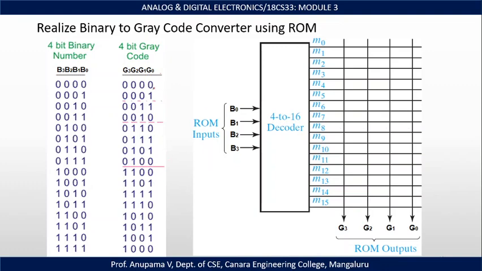So how to write the gray code? First write the first bit of gray code, that is 0 and 1. Then assume that there is a mirror. So write the bits in the mirror representation, that is 1 0. Now we'll write the second bit as 0 0 1 1. Now assume that there is a mirror. Write the mirror image of the code. So that is 0 1 1 0 and 1 1 0 0.